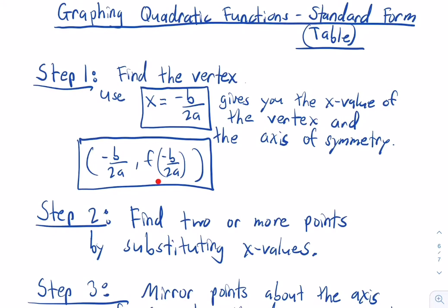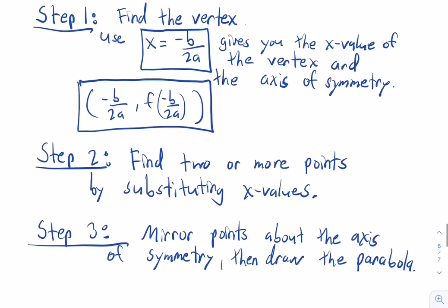And once you have the vertex, then you can find other points. So you're going to find 2 or more points by substituting values. So you have your vertex, you can find actually like 1 point by substituting an x value, and we'll go over that. And then once you have the x value, you can mirror it about the axis of symmetry, then draw the parabola.